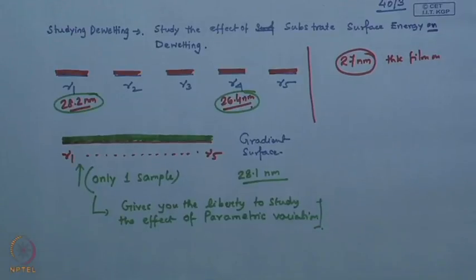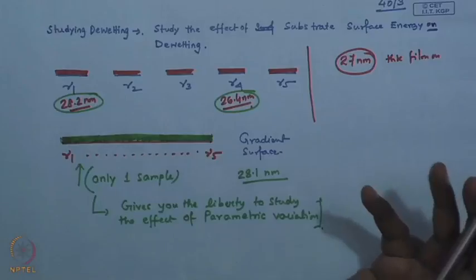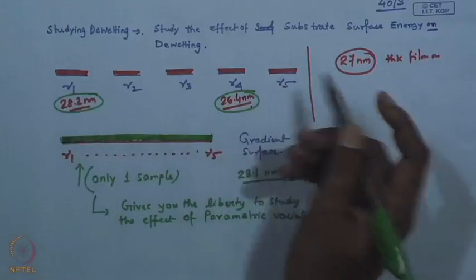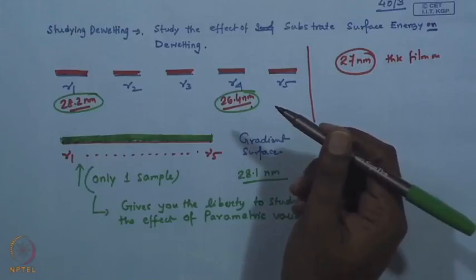Only thing is that, unlike the cases where maybe by coating of silane or some surface active molecules you could create different surface energies, here you have to create a gradient first, gradient surface energy or whatever you want.